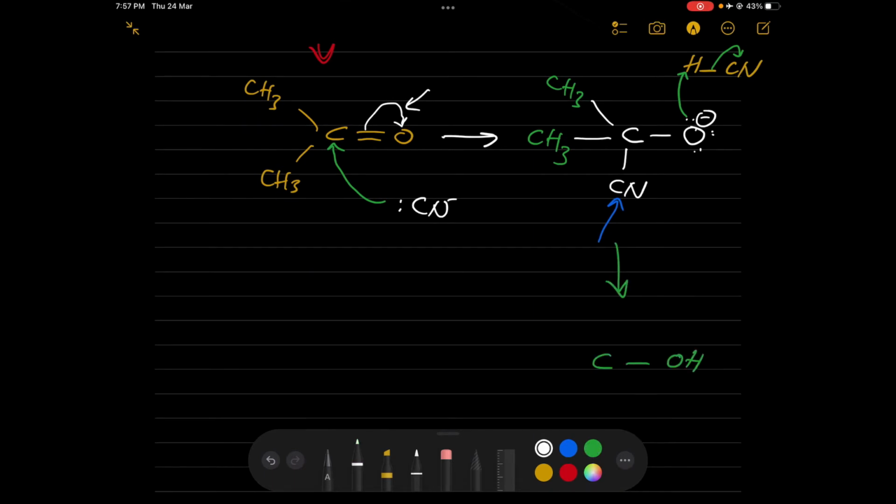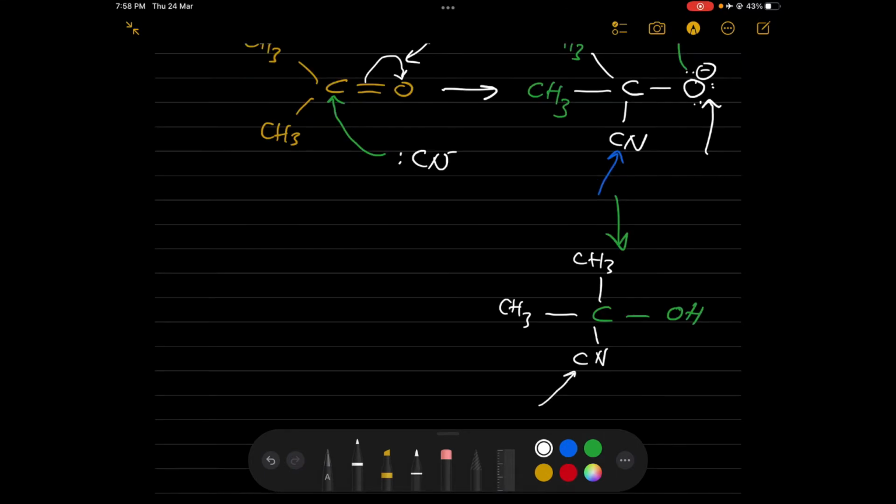Here we have OH because oxygen is negative and it attacks the hydrogen. And we have CH3, and here we have the same thing, CH3, and here we have CN. If you want to write this compound as a displayed formula, we have a triple bond between the carbon and nitrogen.